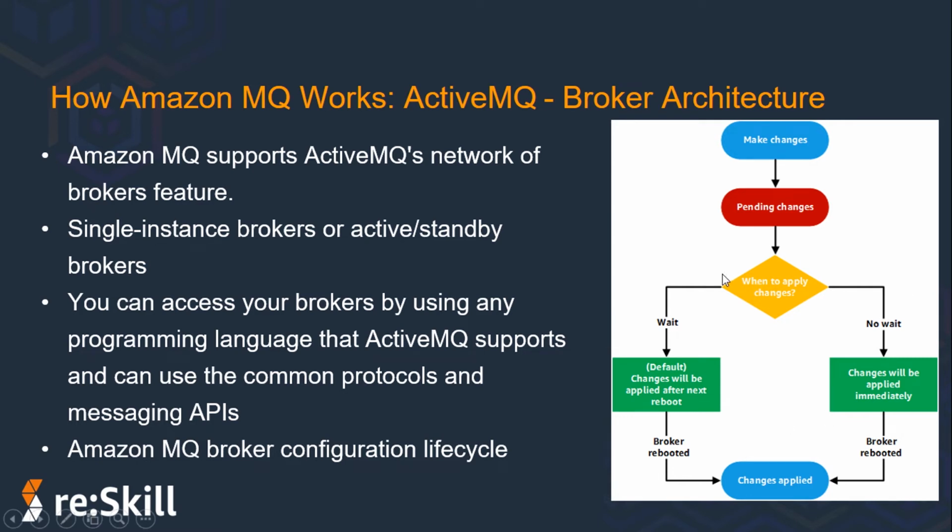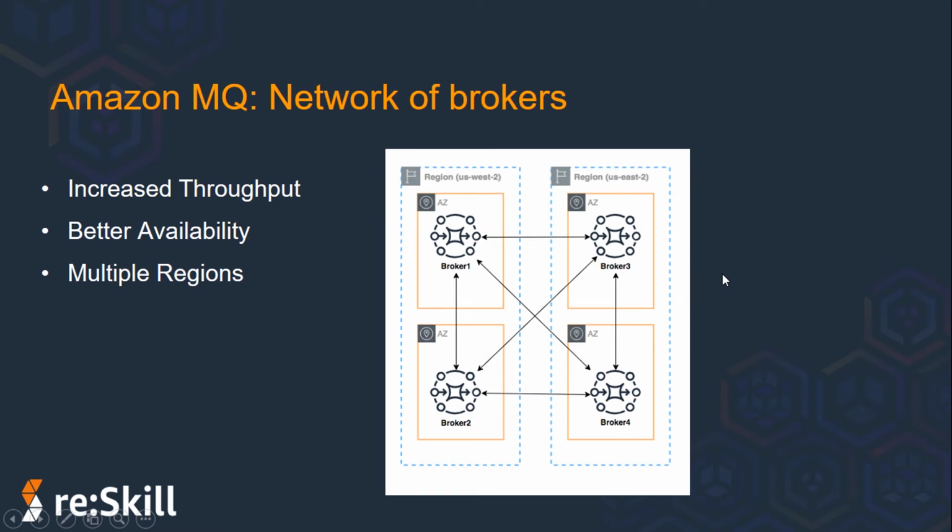Let's move to the next topic now, which is the network of brokers, which is another amazing feature that we get in the broker. You can see in this figure what we are doing here: to configure a network of brokers that spans AWS regions, deploy brokers in those regions, and configure the network connectors to the endpoints of those brokers.